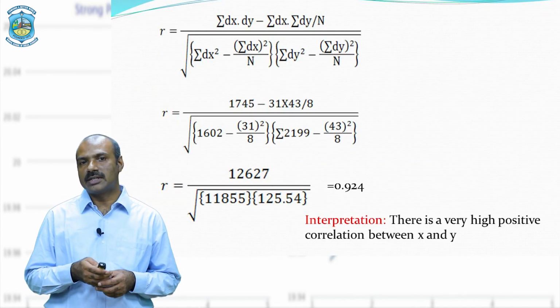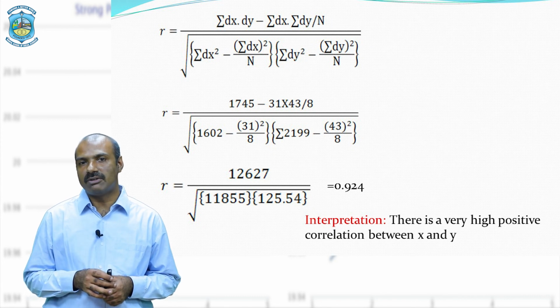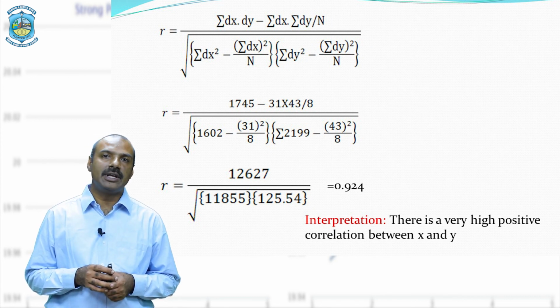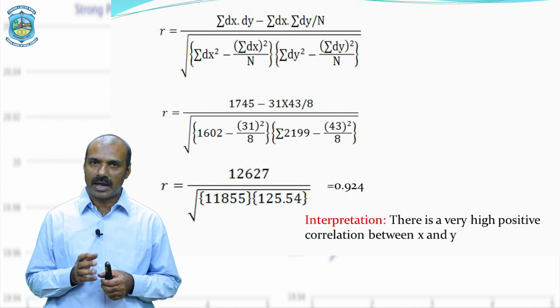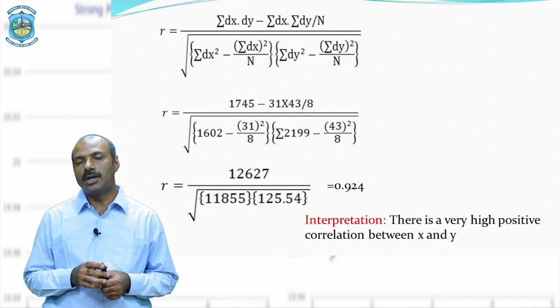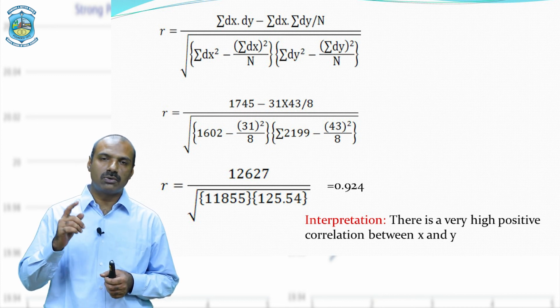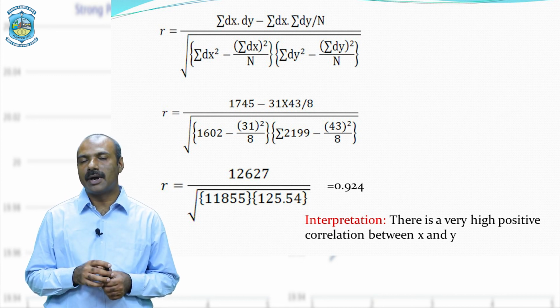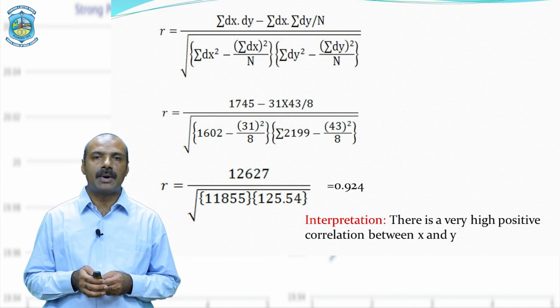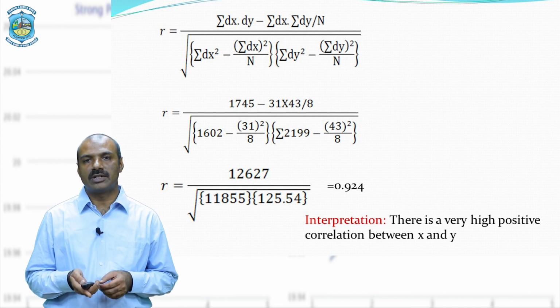Our formula is r equals summation dx dy minus summation dx into summation dy by n, whole divided by under root of summation dx square minus summation dx whole square by n, multiplied by summation dy square minus summation dy whole square by n, where n is the number of observations.